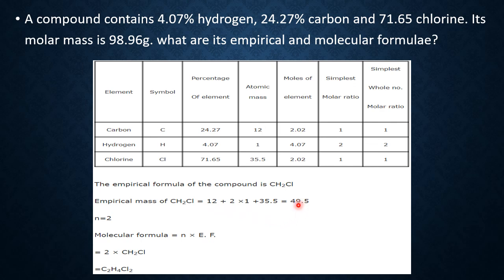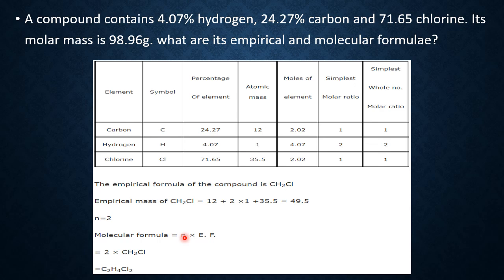Now we will go to the determination of the molecular formula. For this, one more step is there. That step is: molecular formula is equal to the empirical formula n times. Here is the formula. What is n here? n is equal to the molecular mass divided by the empirical mass.